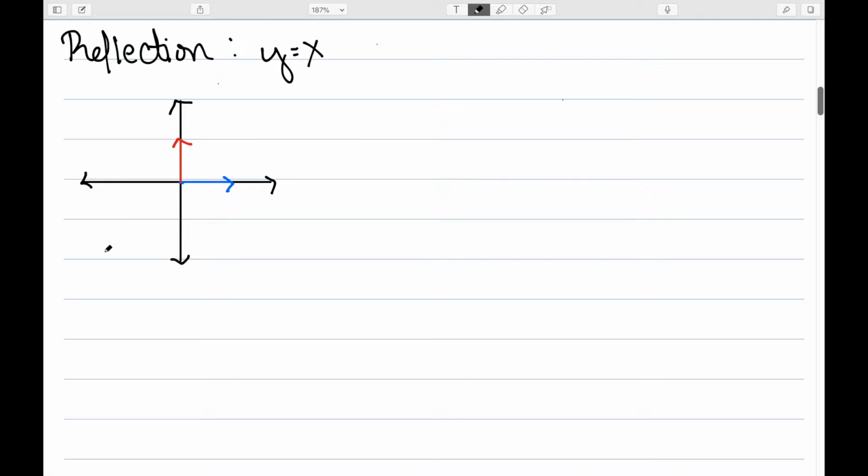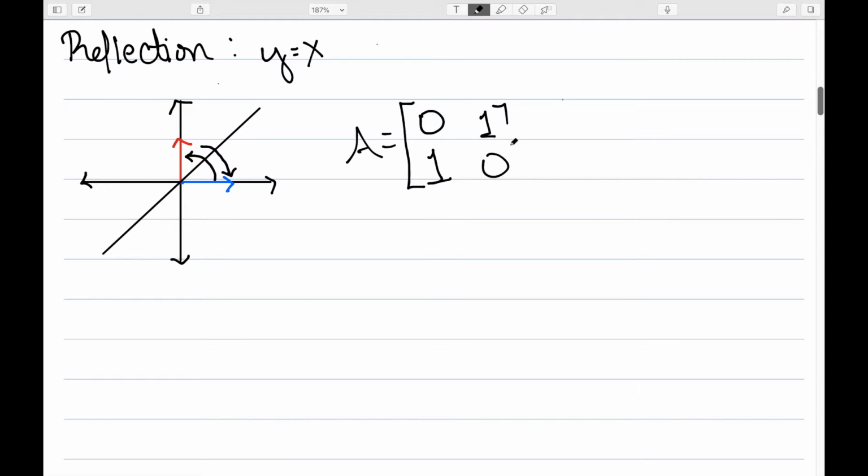This time I want to reflect across the line y equal to x, which is this line right here. When we do that, our x vector is going to flip up and take the place of our y vector. So it's going to go over 0 and up 1. And our y vector will flip down to the x-axis, so 1, 0. So this will be my matrix for reflection across the line y equal to x.